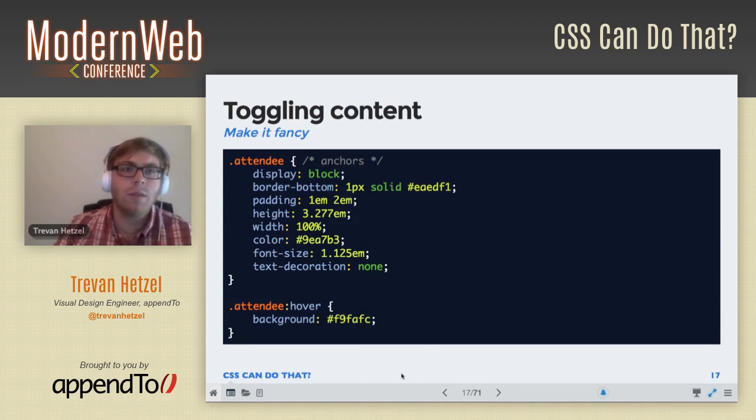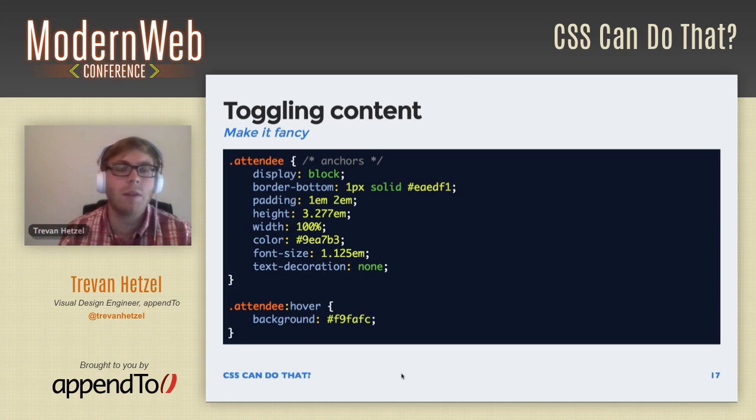We will just kind of make it fancy first so that we can see what we're actually doing. We'll start by setting display block on the anchors, which have the class of attendee, and then just give them border bottom and some padding. And notice the height.